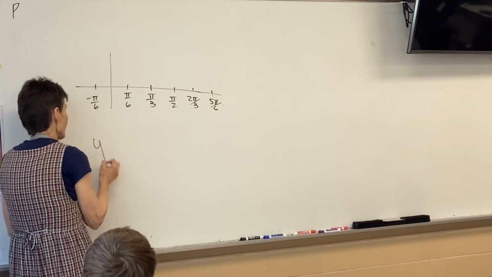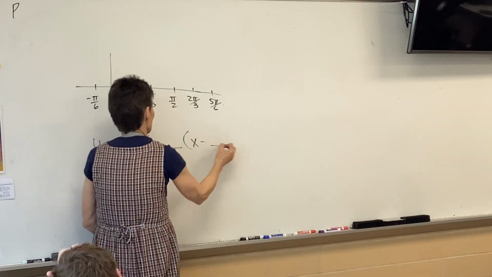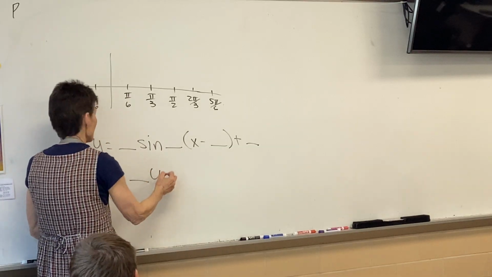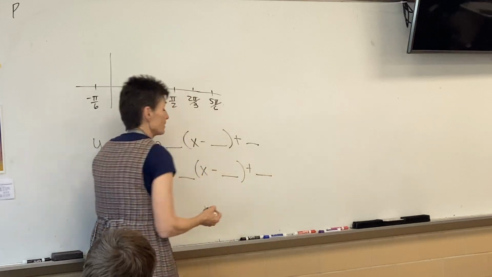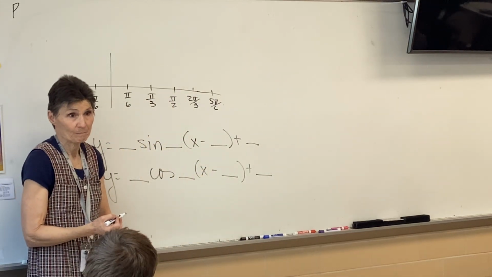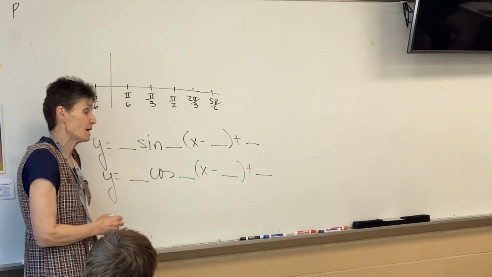So we are going to write an equation for a sine curve and a cosine curve. And it doesn't matter which one you do first. You know that they're going to have a tremendous amount of stuff in common. So we're just going to pick one, get it written, and then we can do the other one.